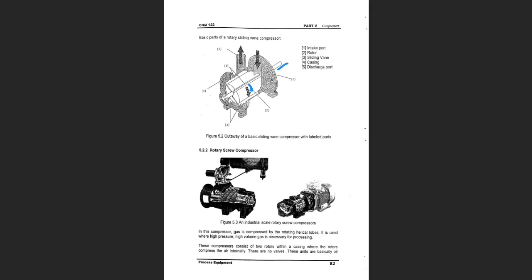The sliding vanes, number 3. Okay, they rotate radially, as the shaft is rotating. And we have the suction side of the gas, and we have the discharge side of the gas. So as you can see here, we have those sliding vanes. The gas will be trapped inside once it enters through the suction.